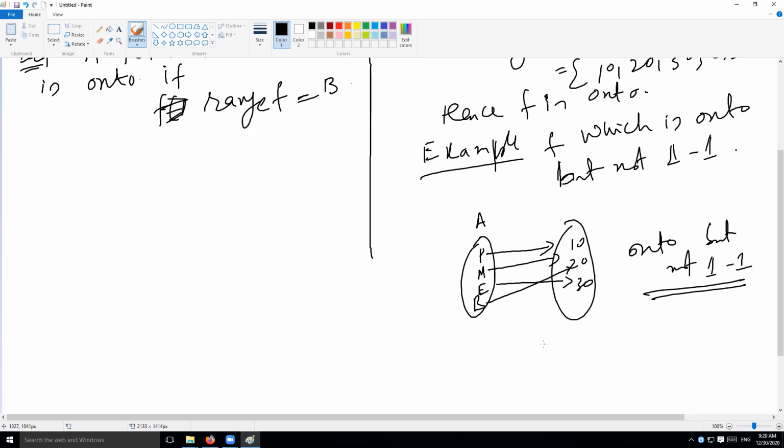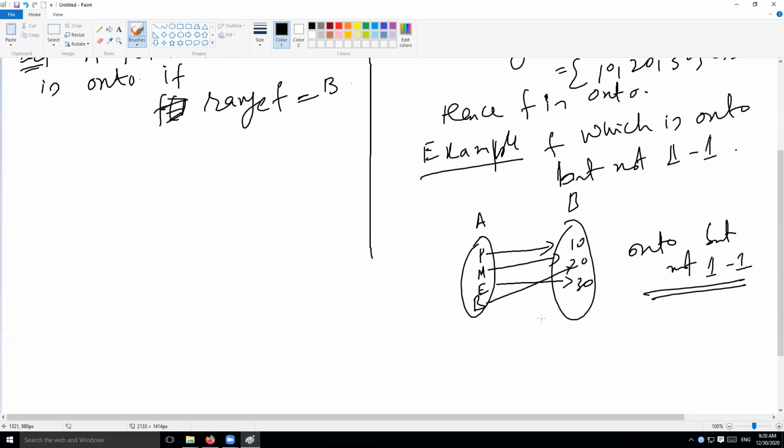So you can actually see an interesting conclusion, and we will talk about that conclusion later: one-to-one and onto functions. If you have a one-to-one function between two sets A and B, and if you have an onto function between two sets A and B, it tells you something interesting.